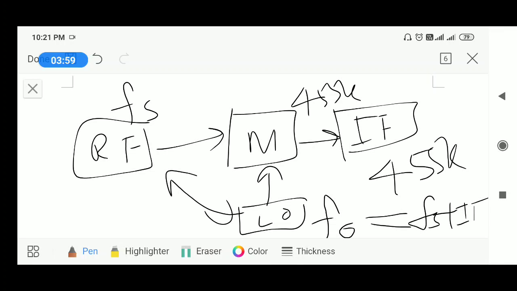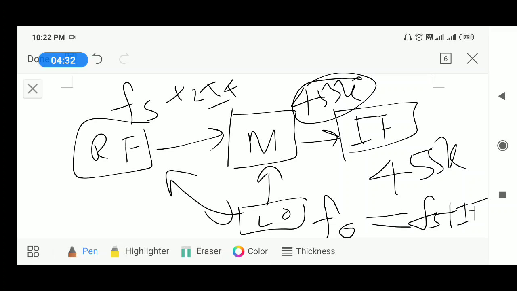When you want to tune Fs, the local oscillator frequency is designed in excess of IF, so that the difference between the local oscillator frequency and the RF frequency is IF, that is 455 kHz. Let us say there is one more frequency, Fs plus 2IF, which is also present at the output of the RF amplifier. When you tune Fs, the local oscillator is automatically tuned to Fs plus IF.